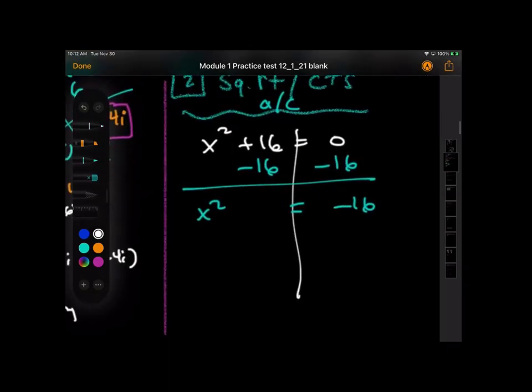To get rid of the power of 2, you take the square root of both sides. I'm going to put a 2 here so you recognize that it's an invisible number there. So these will cancel, and you're left with x. Don't forget to have a plus or minus. Every time you solve an equation with a square root, you must add the plus or minus.